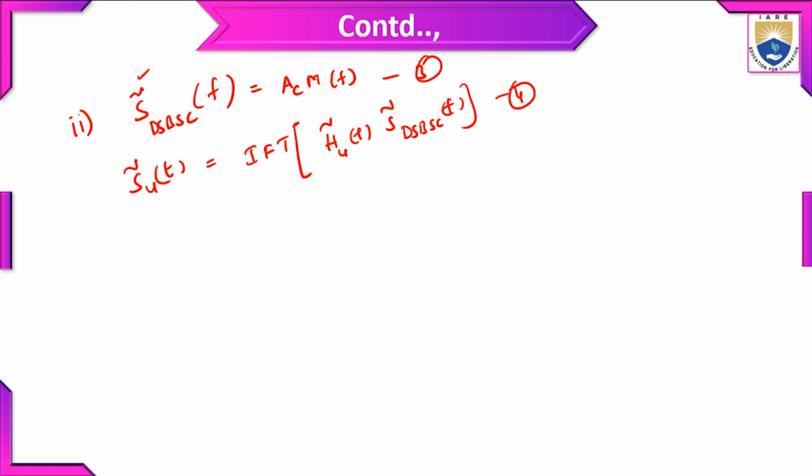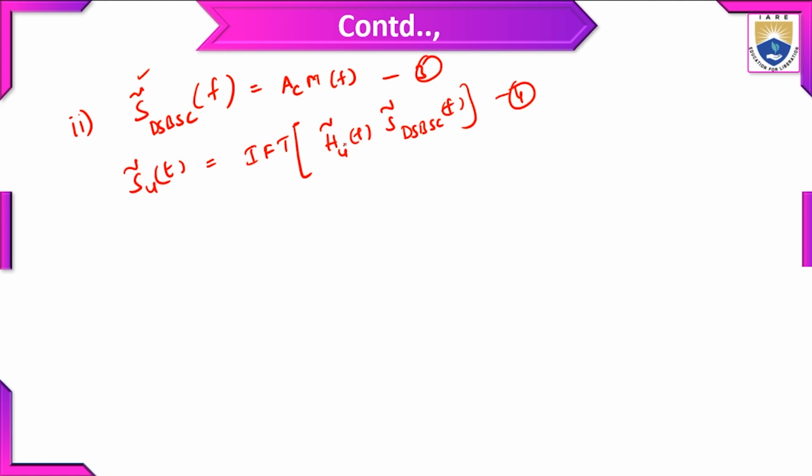Why? Because we are getting SSB when we pass the DSB signal through a bandpass filter. Here this is the filter response. Generally this is a bandpass filter, but this bandpass filter is replaced by the equivalent LPF. So this is the LPF transfer function and this is the DSB signal.